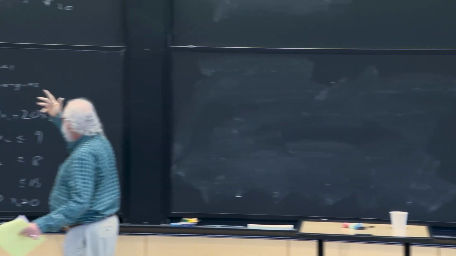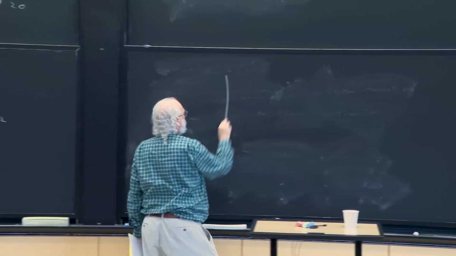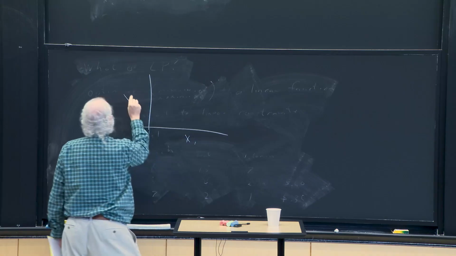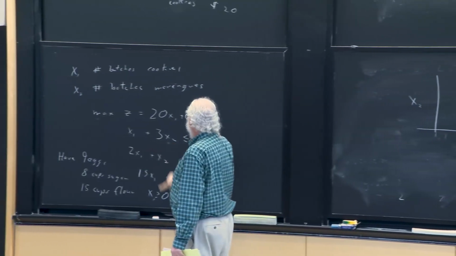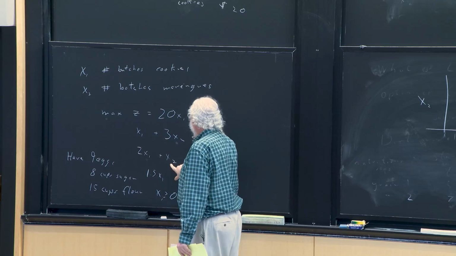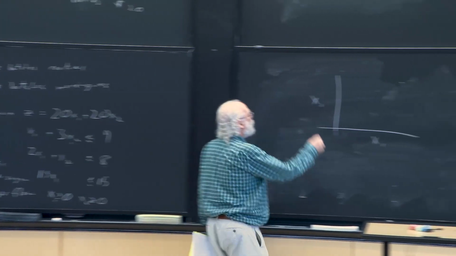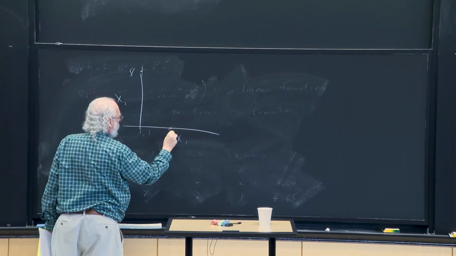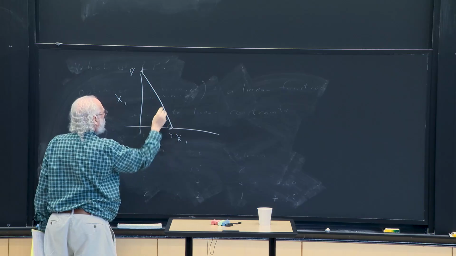So what does the feasible region look like? Well, let's write it down. Let's say this is x1 and this is x2. And we have 2x1 plus x2 is less than or equal to 8, which means we have the point 8 up here and the point 4 down here, and we have the linear region there.